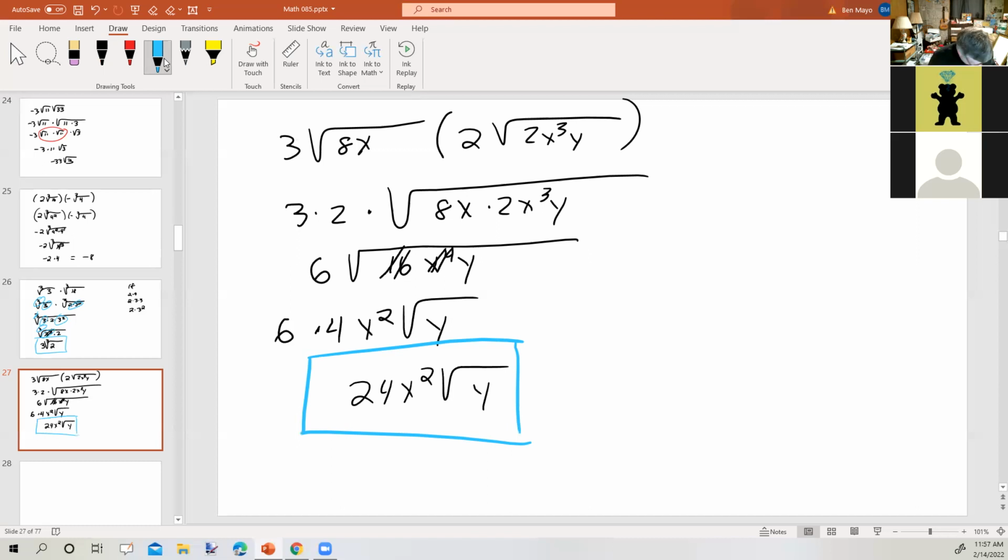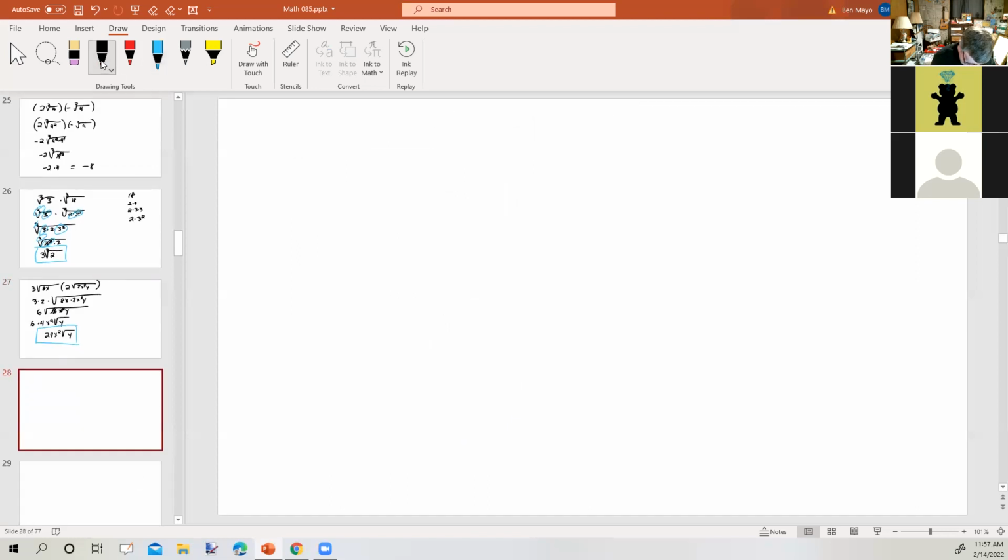Okay, how about this one? It says multiply and simplify. Again, all variables represent positive real numbers. 2 square roots of 7 times 3 minus the square root of 7. So we're going to distribute the 2 square roots of 7.